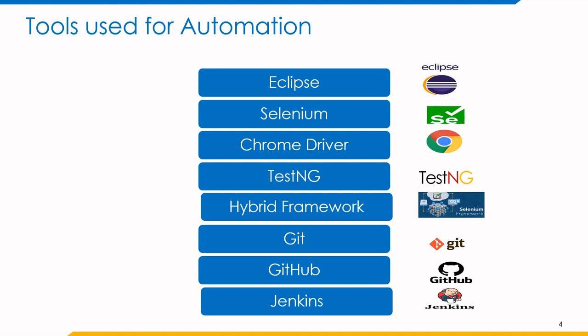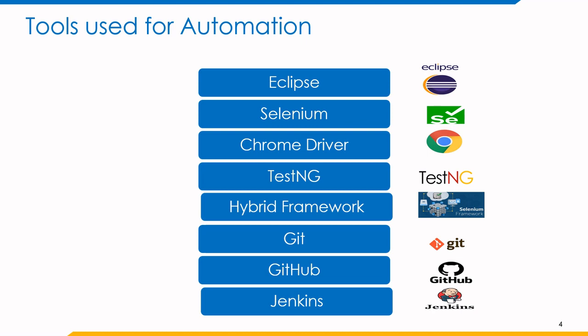Selenium is open source. It supports 14 languages like Java, Python, Ruby, etc. Scripts can be run on multiple browsers like Chrome, Firefox. It supports multiple operating systems like Linux, Windows. It can be integrated with third-party applications.